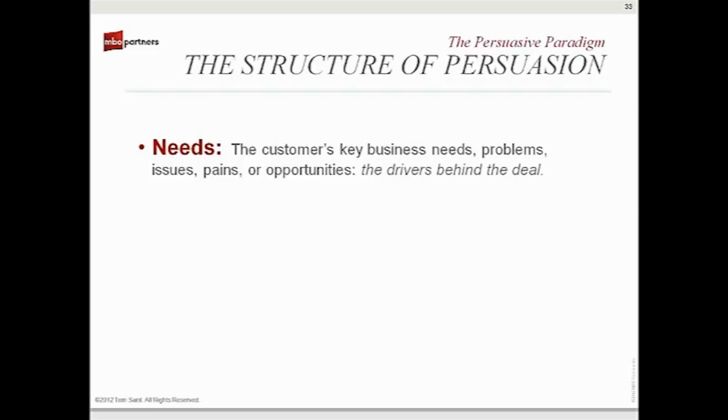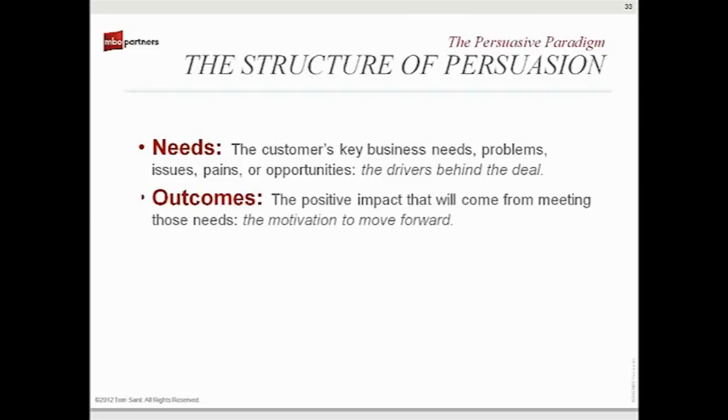But the second question that Kahneman and Tversky found people ask, the one that leads to the motivation to actually take action, is, and is it worth doing? So the second step in the NOSE structure: we've identified your need, your problem, your challenge, and now let me point out to you, there's a big payoff here.